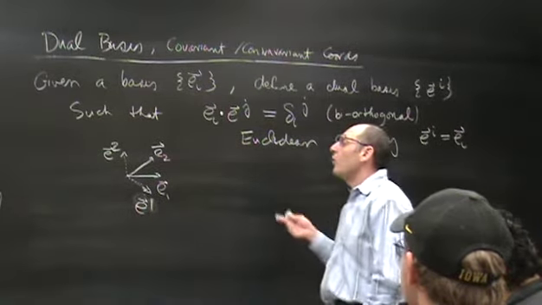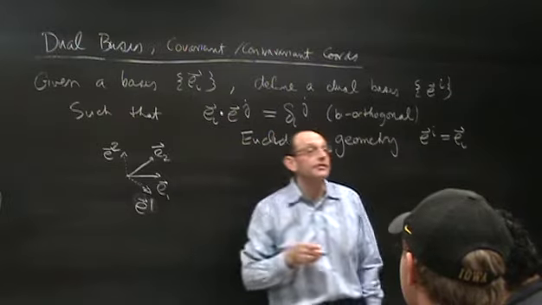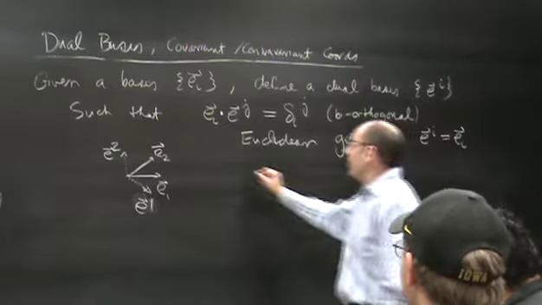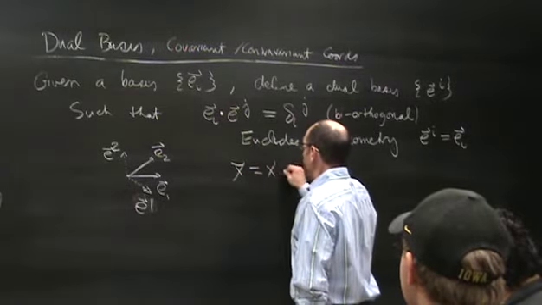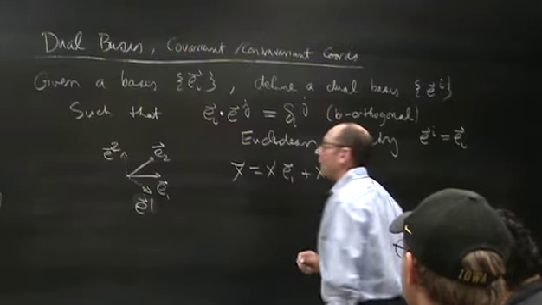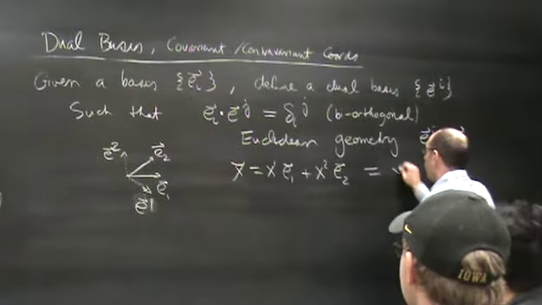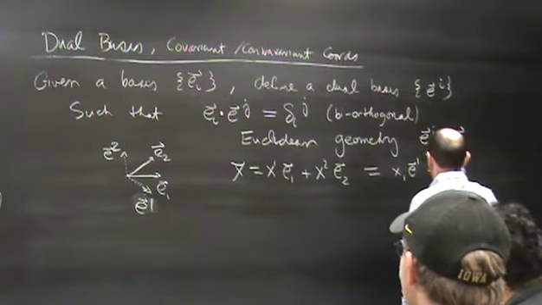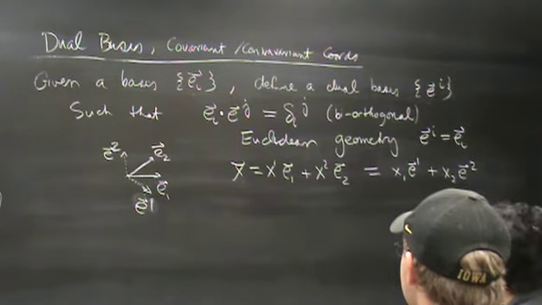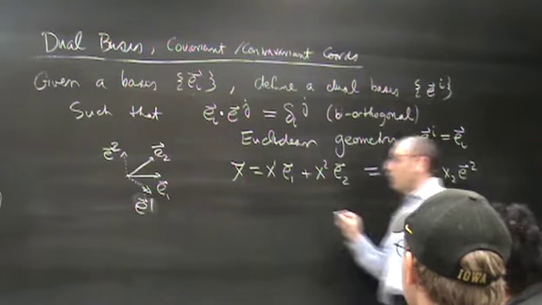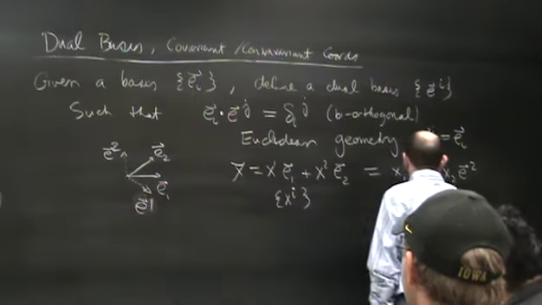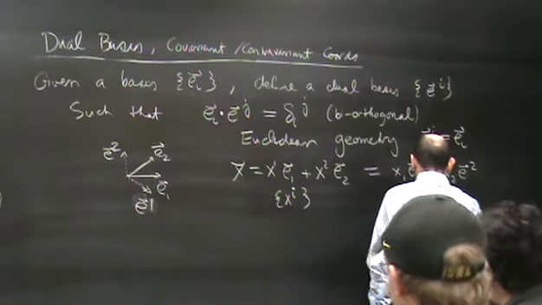We have a set of coordinates with respect to the original basis, and a set of coordinates with respect to the dual basis. So I can write x, as we said, as a superposition of the original basis vectors, but we can also write it as a superposition with respect to the dual basis. So we have two sets of coordinates, one with superscripts and one with subscripts.